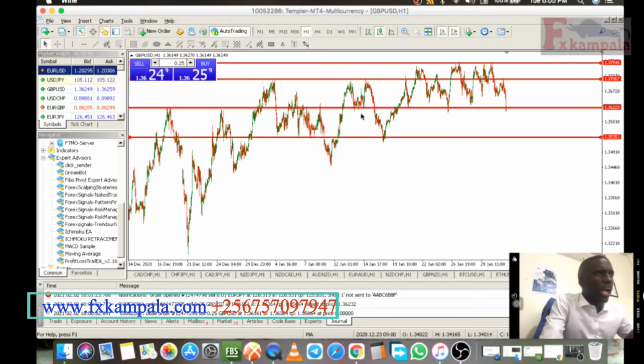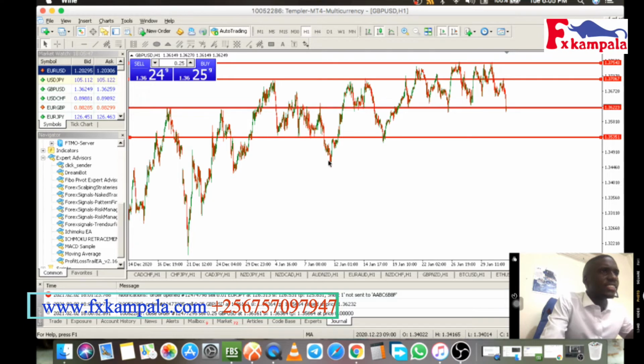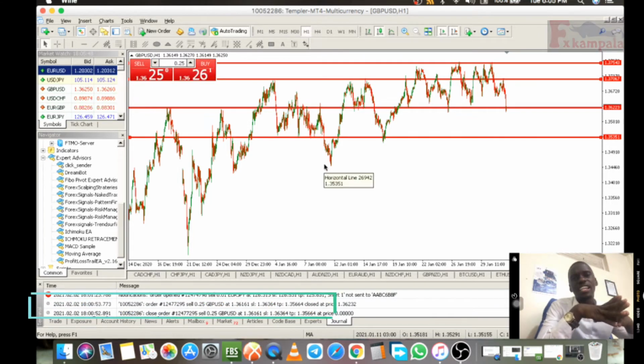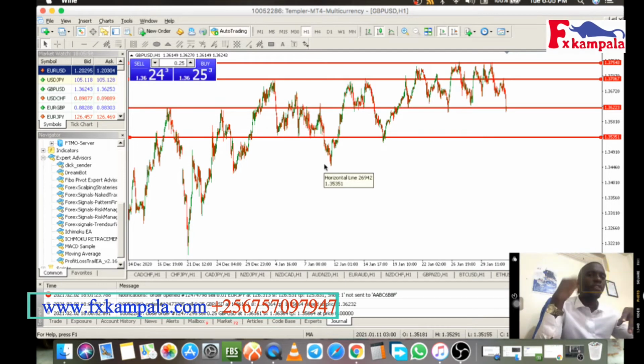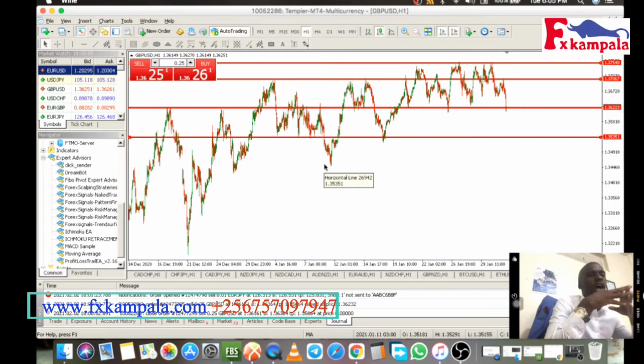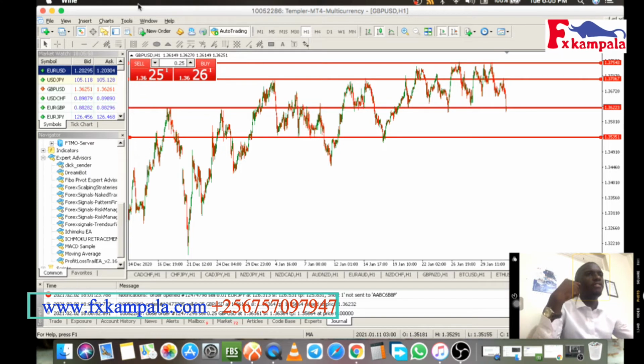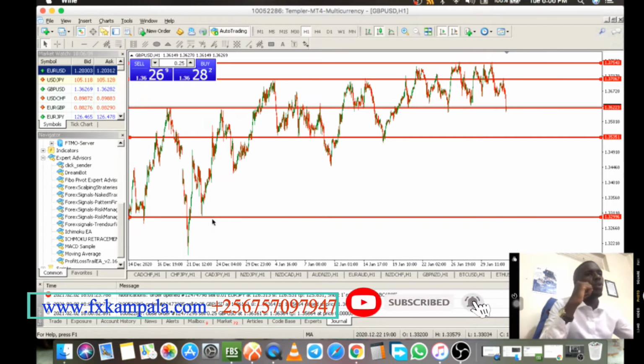Remember, when you're drawing these lines, you have to make sure that they touch more than 3 points. Now if you only have 2 points, like for instance when we look at this point here, we actually have 2 points.